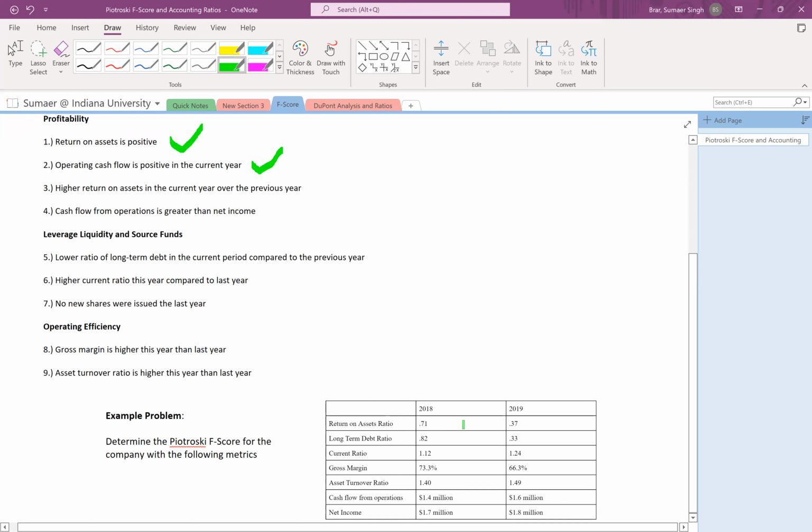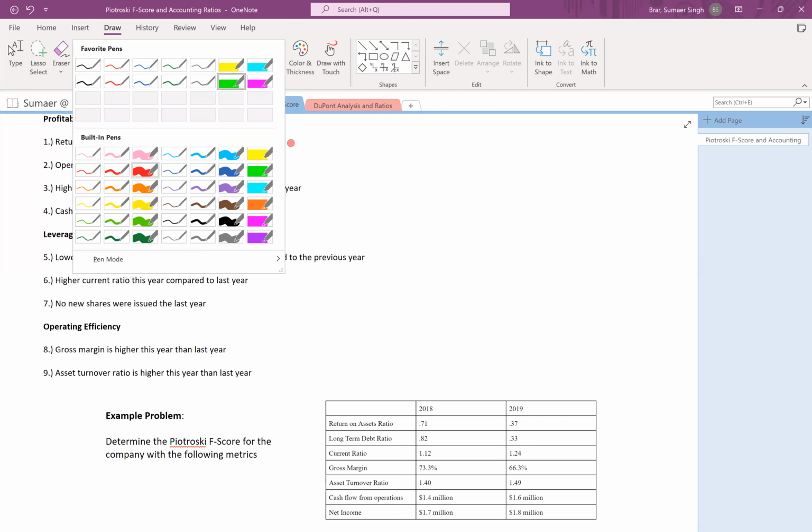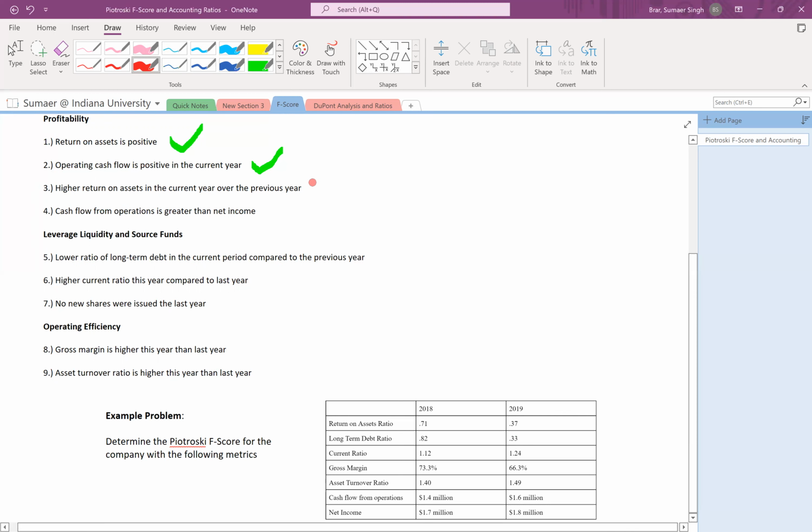So if we go over this, whereas in 2019 it was 0.37. So this criteria is not fulfilled because the return on assets ratio is less than it was in the previous year. So because of this, we're going to mark an X because that criteria is not fulfilled.